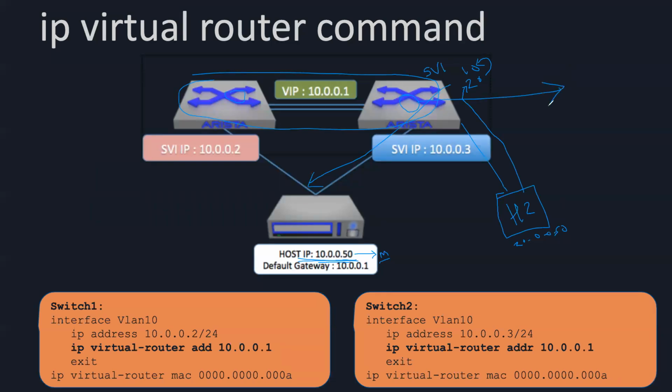What should be the source MAC? For VARP, the source MAC should be its physical MAC. Let's say here it is A and this is B. So it should use the physical MAC as the source MAC, and the sender IP should also be the physical IP. Why? As a rule of thumb, if the MAC is physical, you should use the physical IP as well.